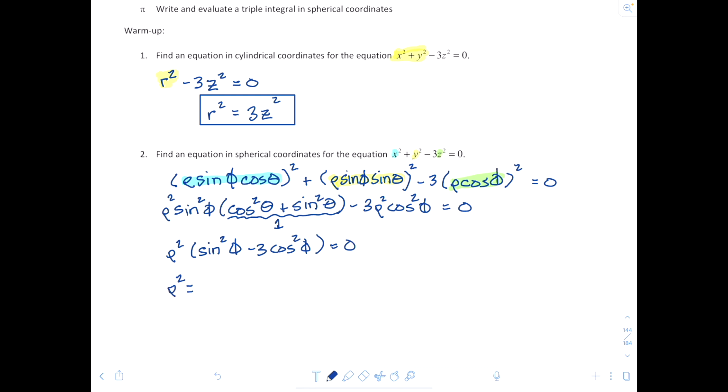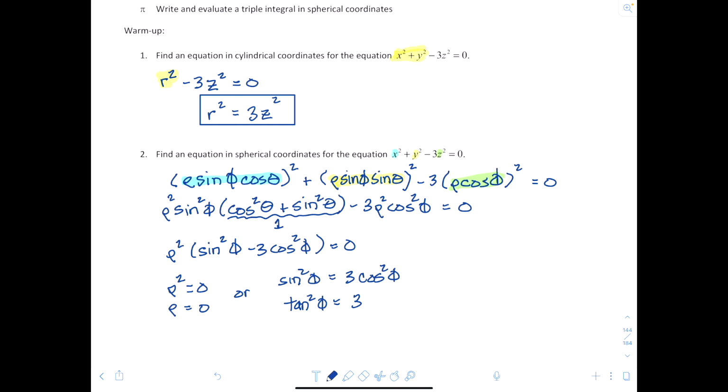So rho squared is 0, which would give us rho is 0, or we would have sine squared, good, of phi would equal to 3 cosine squared of phi. And then, working with that one, if I divide both sides by cosine squared of phi, I'll end up with tangent squared of phi is equal to 3.